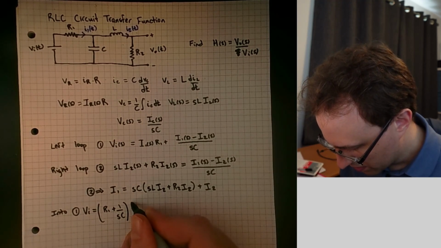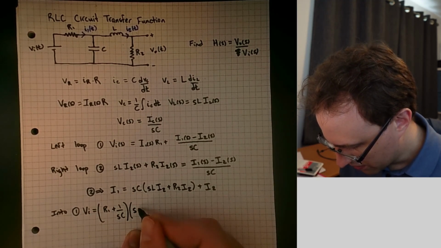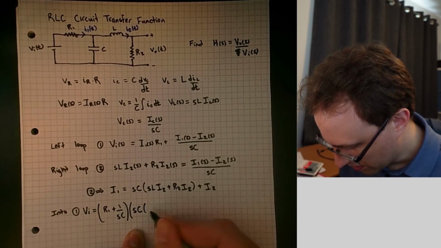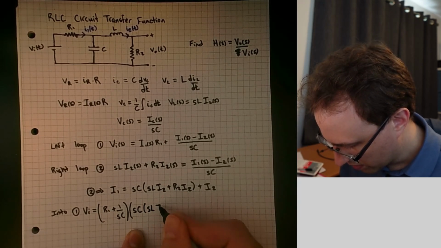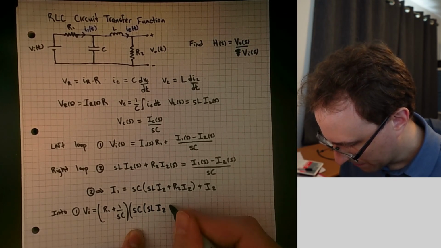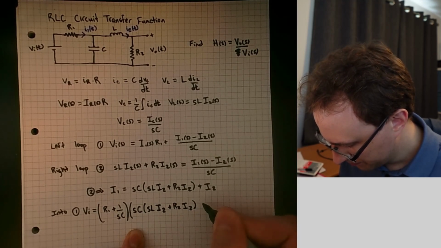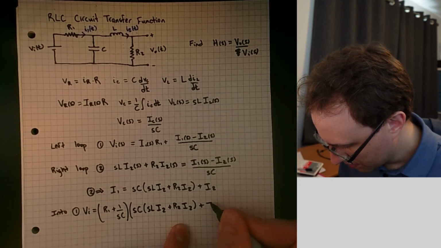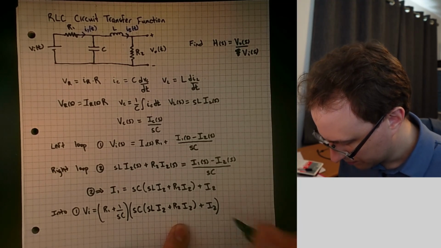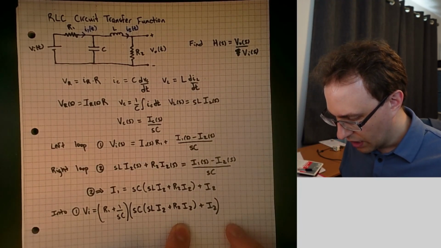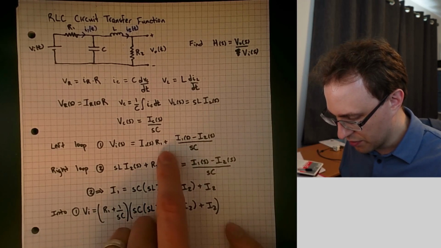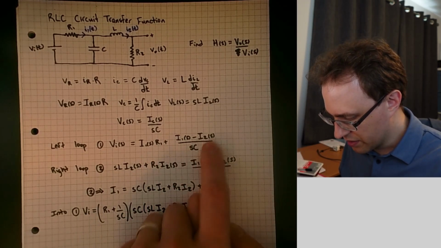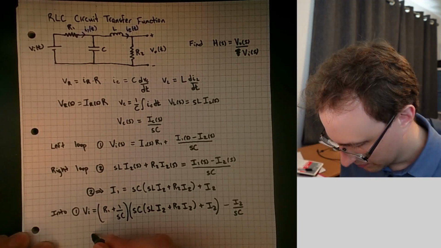So we get SC times SL I2 plus R2 I2 plus I2. Then what we're left with here in this original expression is minus I2 over SC.